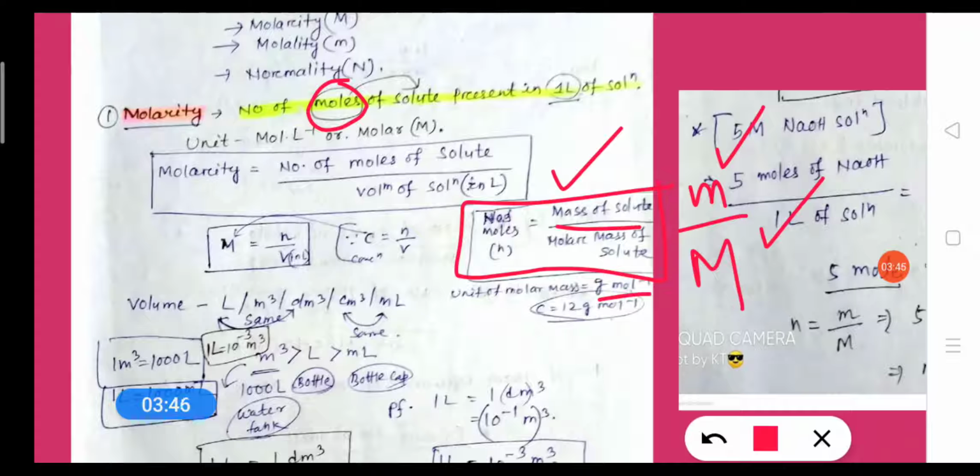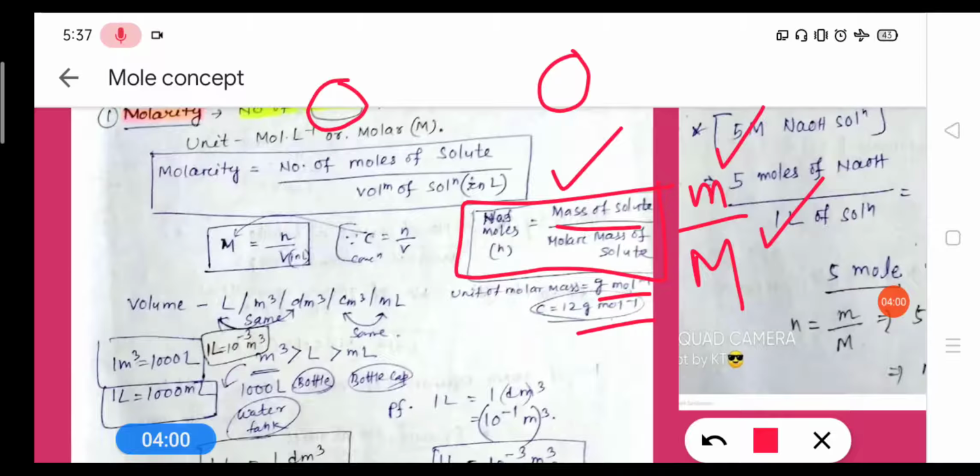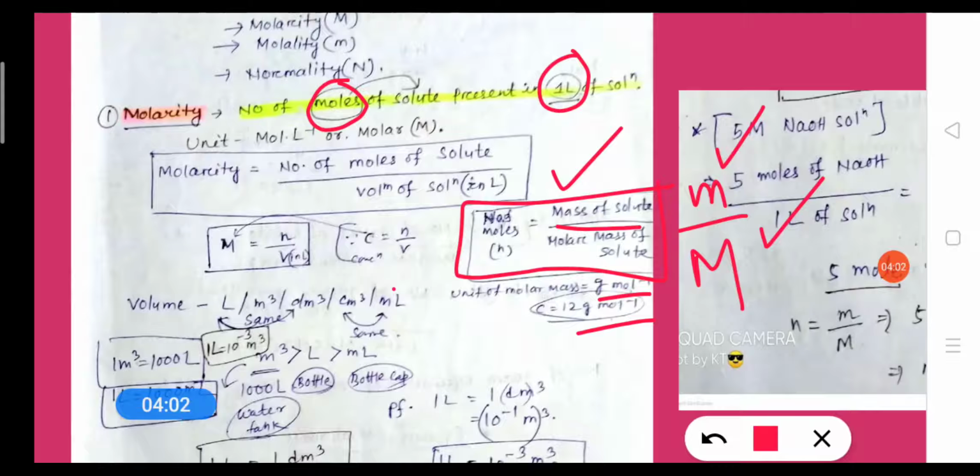It is gram per mole, that is, in carbon the molar mass is 12 gram per mole. Then what is molarity? The number of moles of solute present in 1 liter of solution. The unit of molarity is mole per liter, or we can call it molar, capital M.